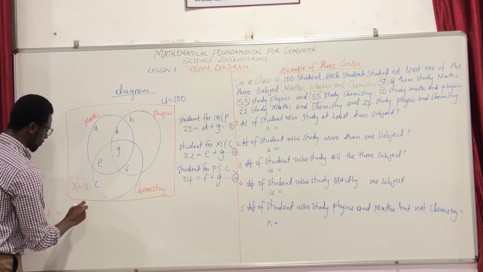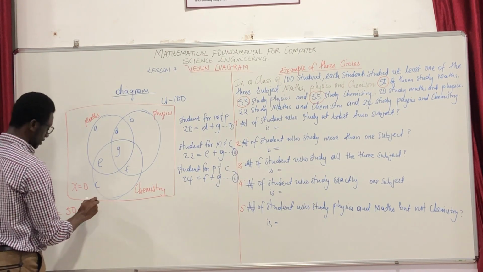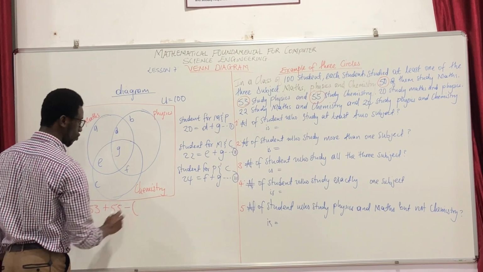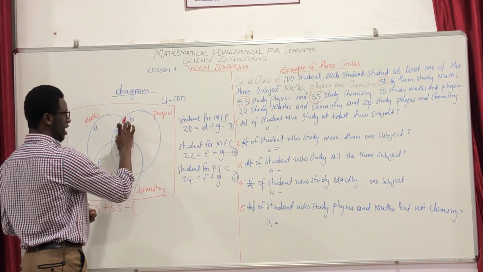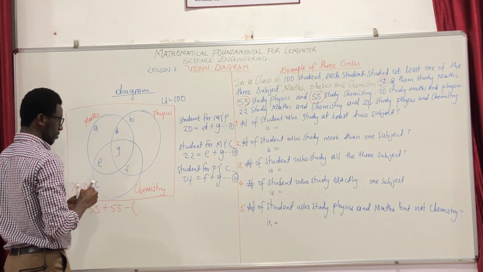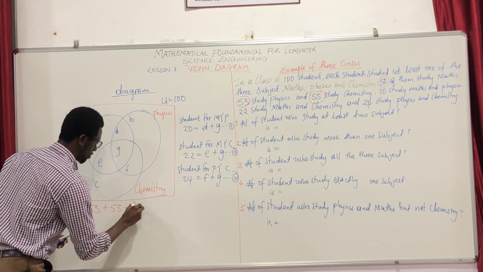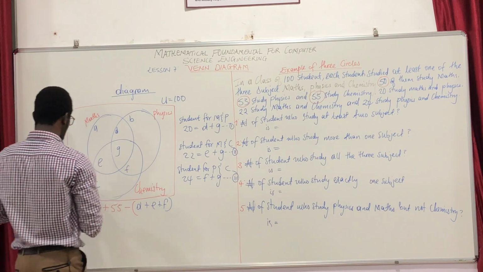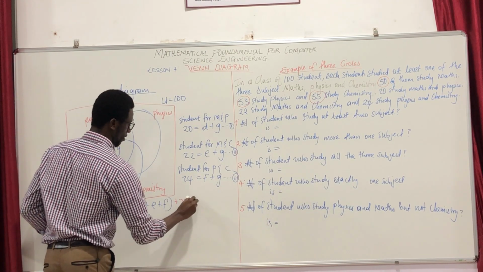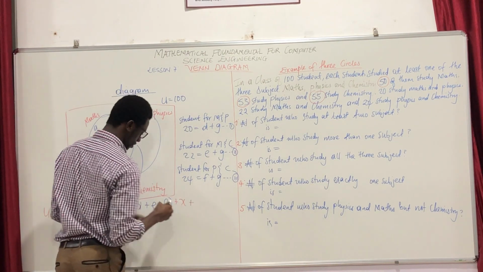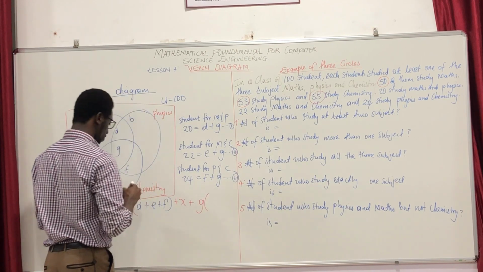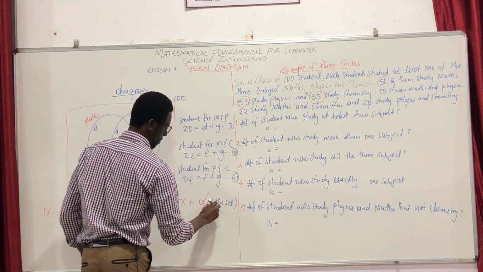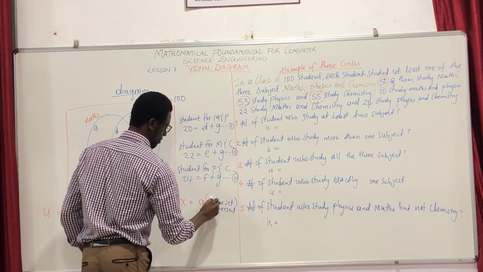So now we start by A plus B plus C, minus, then we subtract the intersections of all the sets here, this one D, E, and F, minus D plus E plus F, okay, then we add X, then plus G. You can say G, which is all the sets. So here all the sets intersect.